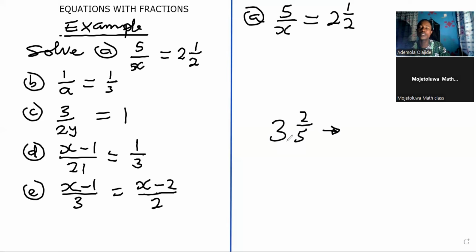What you do is use the one down, we call it the denominator. The one down, the denominator, use it to multiply the whole number here. It will be 5 times 3, that is 15. 15 plus 2, that is 17. Then over, you write the original denominator, the one down.